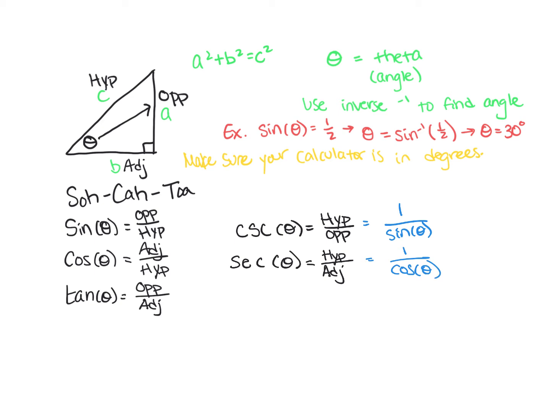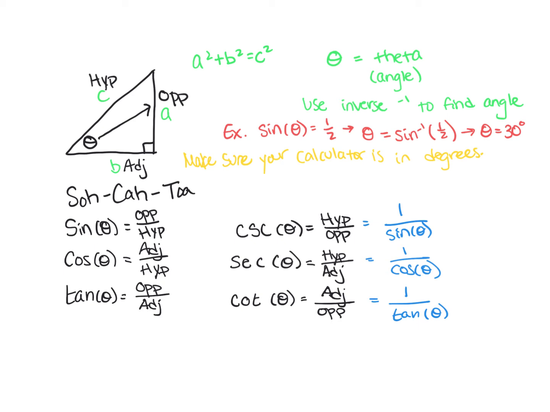And lastly, the reciprocal of tangent we call cotangent, which we shorten to COT. Cot of theta is equal to, in this case, adjacent over opposite, or 1 over tangent.